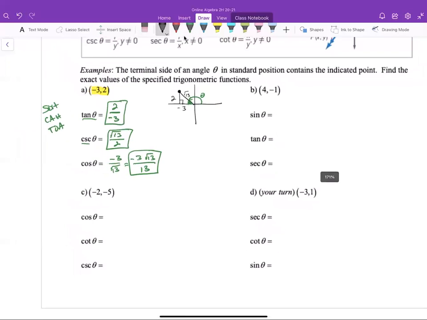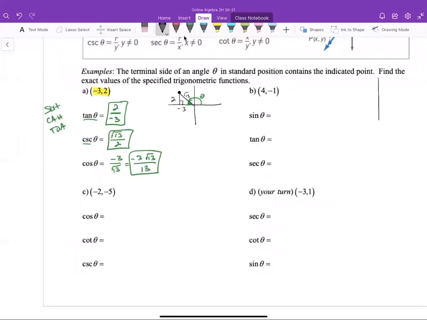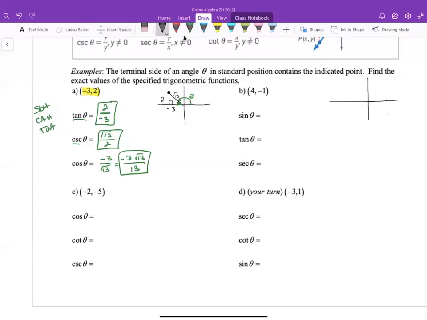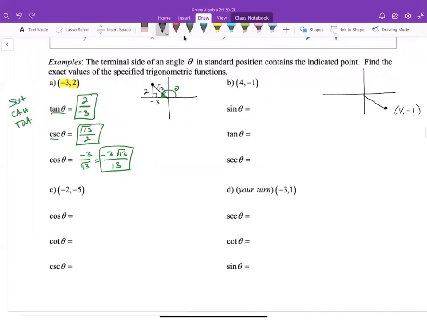Okay, so let's take B, for example. I have 4, -1. So I'm going to actually draw that, and that will be in the 4th quadrant. And so there's my dot that has a point of 4, -1. And here is my line to that point from the origin. Now I need to create a right triangle with the x-axis, and we're going to evaluate my trigonometric functions of my reference angle, and then I'll label my sides.